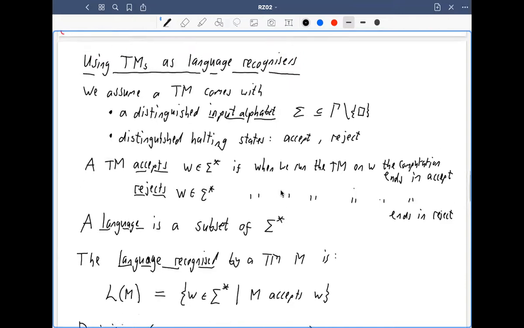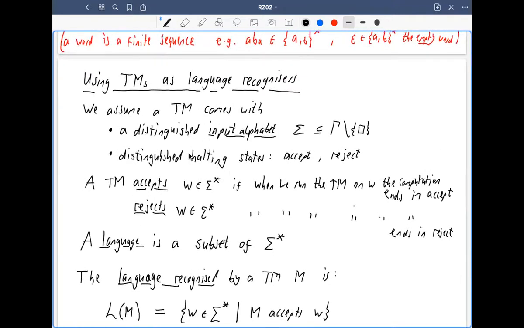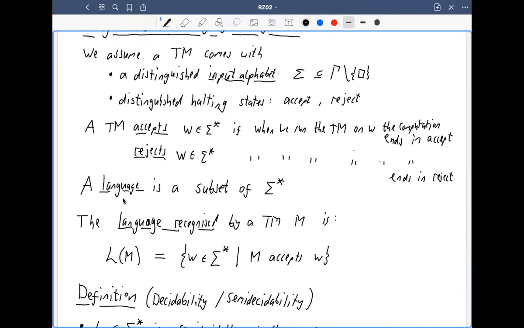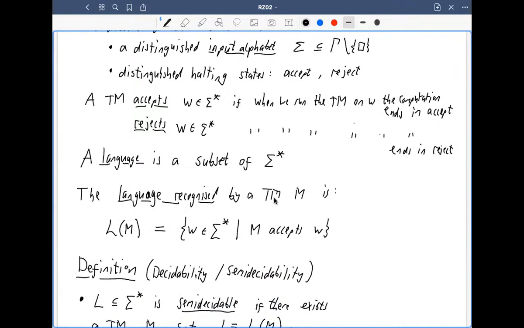So this idea, the Turing machine accepting or rejecting words, we can equivalently view as recognizing the language that is the set of words that are accepted. A language is just a set of words, a subset of the set of all words over the alphabet.